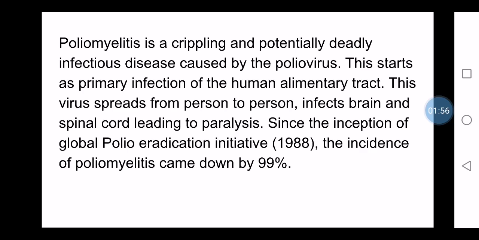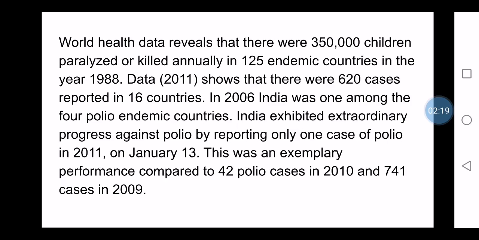Since we started so many initiatives from 1988 onwards as a part of global polio eradication, we can see a sudden drop in the incidence of poliomyelitis, even a drop of 99%. From 1988 onwards, many initiatives have been started globally in order to eradicate polio.